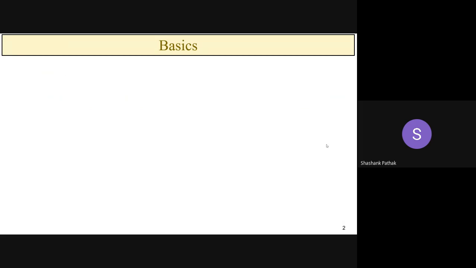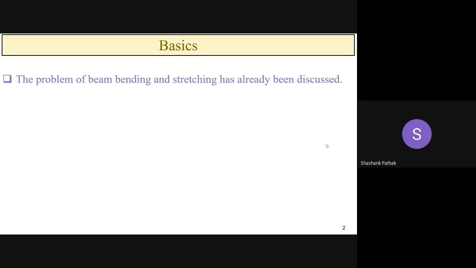So first let us start with some very basics. The problem of beam bending and stretching has already been discussed, in the previous lecture when we were discussing elasticity.